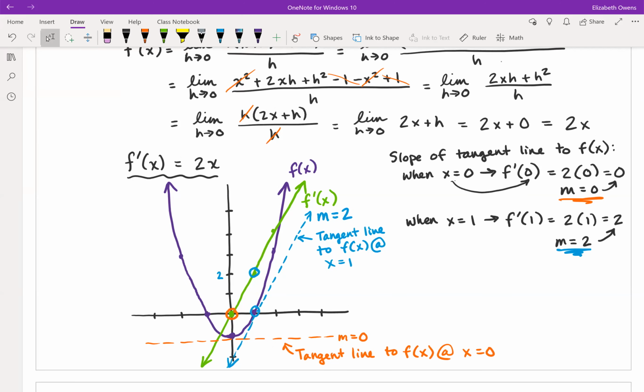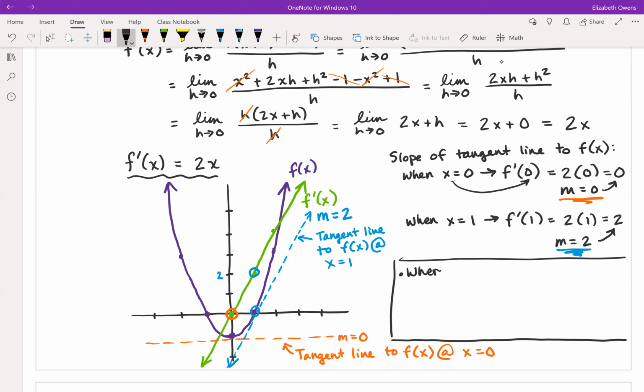So, to summarize a couple things here on this graph idea. Where the tangent line is horizontal, that's what we had in this case right here at the bottom of the parabola, at the vertex.